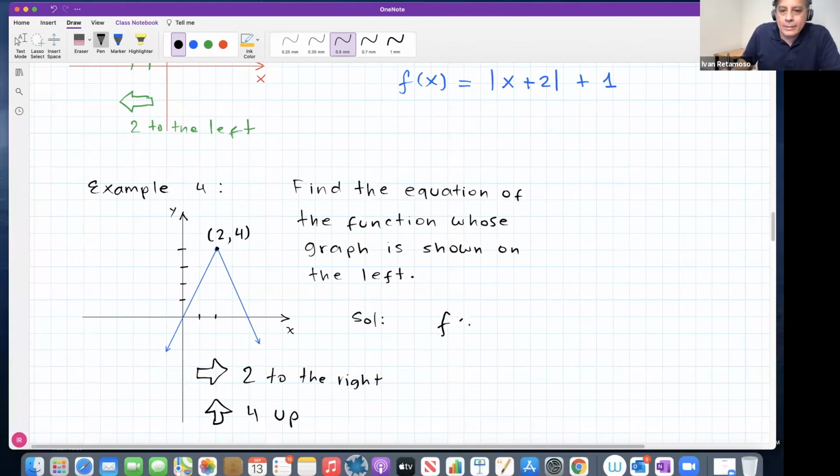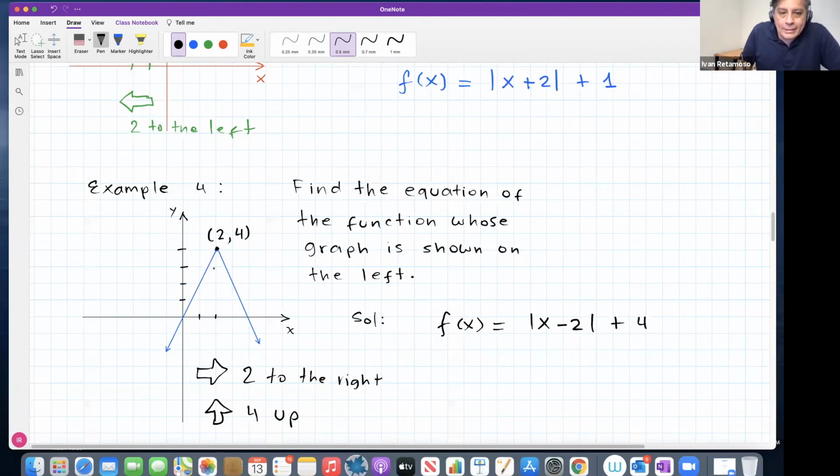So the function should be this, right? First, let's just get the basic form, and then we'll deal with the steepness. |x|, 2 to the right. So I have to write here the opposite, -2, right? Remember, horizontal shifts are counterintuitive. Now, 4 up is just +4.